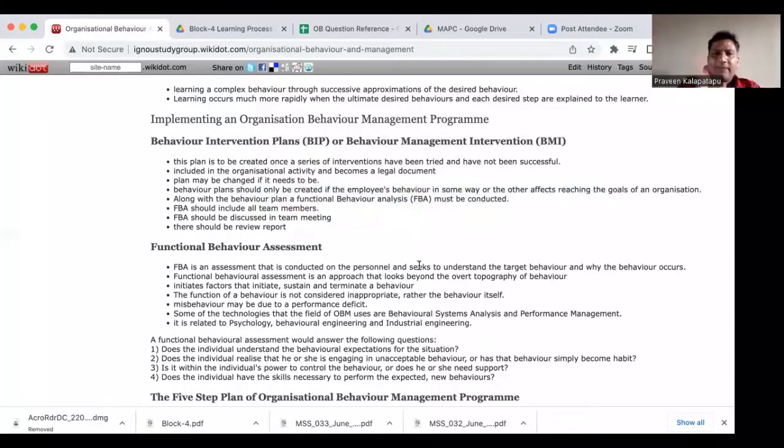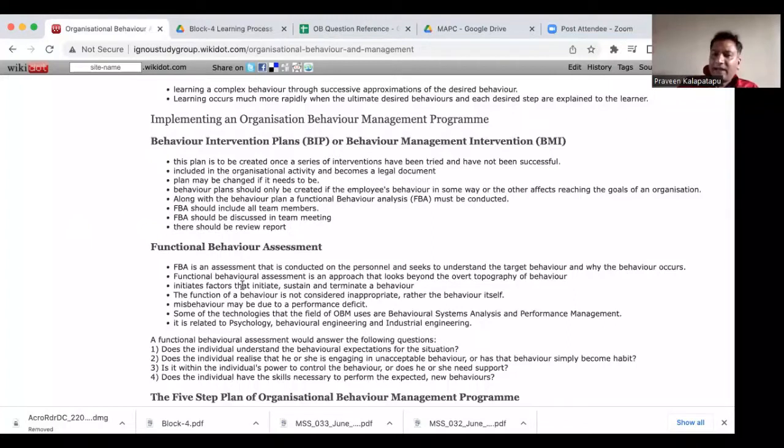It sounds like FBI, but it is FBA, functional behavior assessment. It is an approach which looks beyond the behavior and understands the causes. It's not just about one aspect of the cause. It tells why people start behaving this way, what exactly is making them stick to this behavior, and what can terminate this behavior.